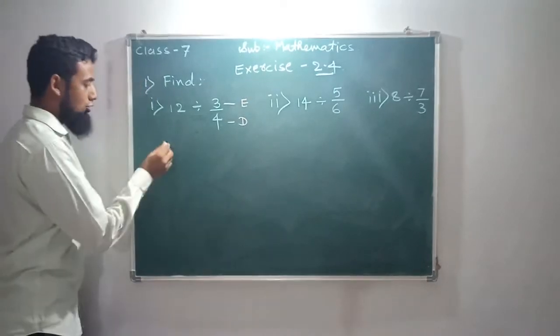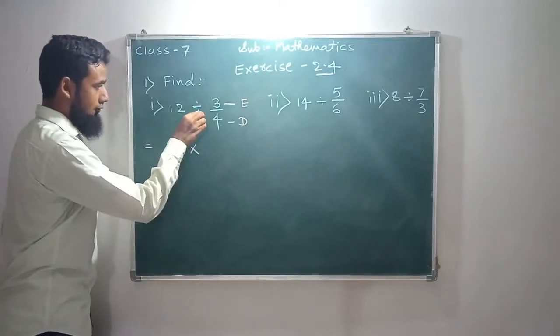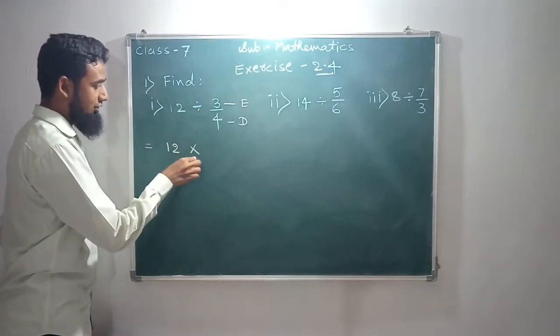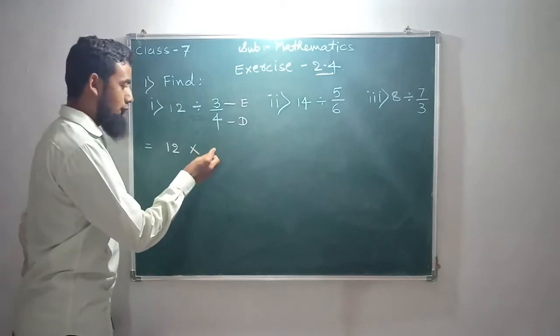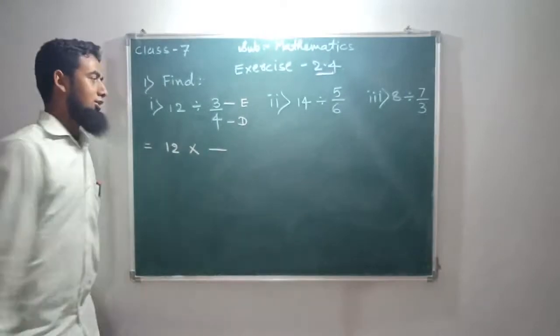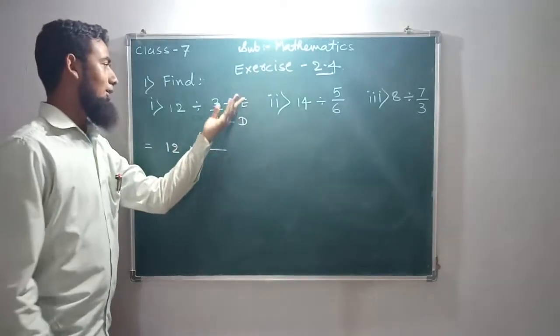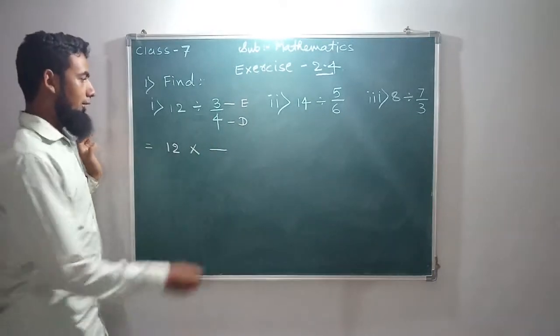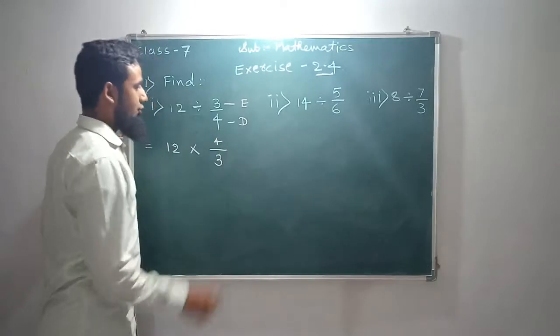While converting, I am going to convert the division symbol into a multiplication symbol. So we interchange the denominator and numerator: the denominator takes the place of the numerator and the numerator takes the place of the denominator. So here 4 upon 3.